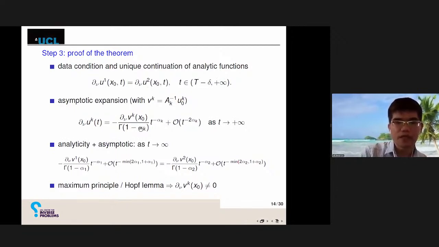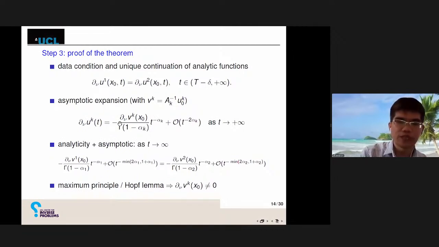The second thing is that at a large time T, we know that the flux will decay like T to the minus alpha times K. And if the constant here does not vanish, clearly we can immediately deduce the decay rate. And this is indeed the case.